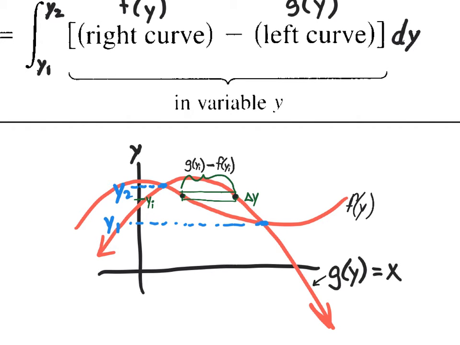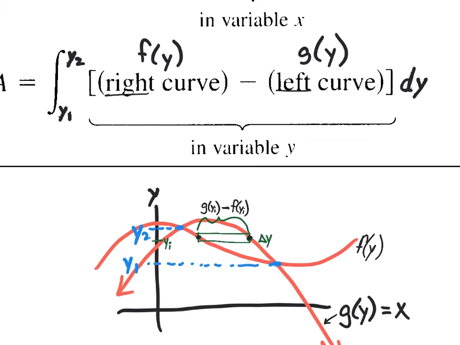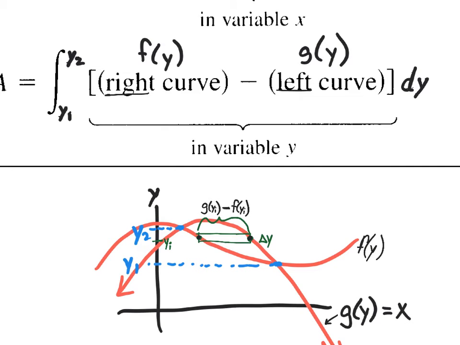So notice it's the one on the right minus the one on the left. And notice I'm integrating with respect to y for two different y values, and those are the bounds. Basically, it's the same thing that we're doing, we just turned everything on its side. And again, we would have to have functions that are defined in terms of y instead of functions that are defined in terms of x.